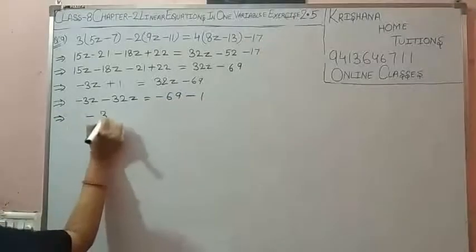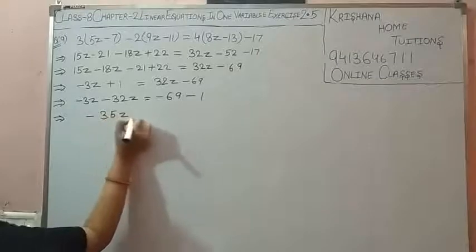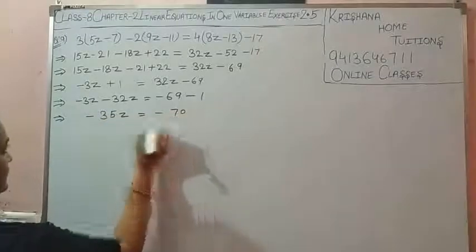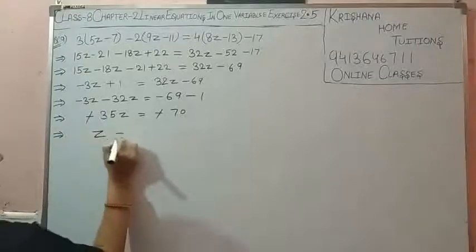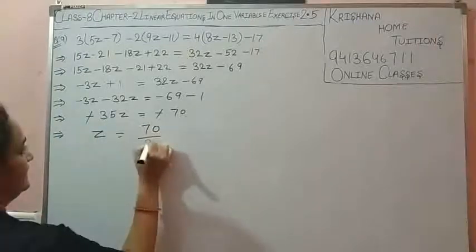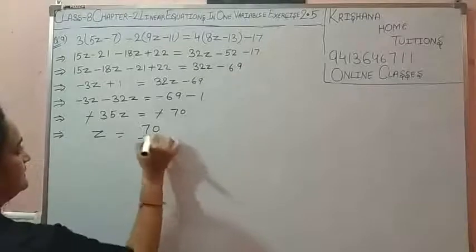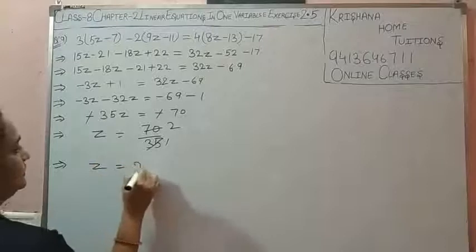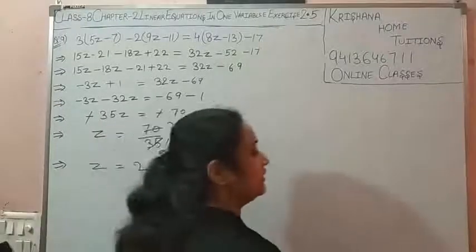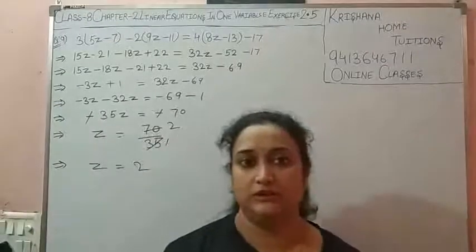Now it is equal to minus 35z is equal to minus 70. Then minus is cancelled with minus. z is equal to 70 divided by 35. It is divisible 2 times. So z is equal to 2. This is the solution of this question.